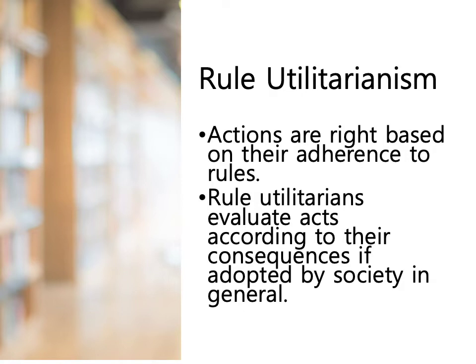with rule utilitarianism. According to rule utilitarianism, actions are right based on their adherence to rules. So rule utilitarians evaluate actions according to their consequences if and when the rules are adopted by society in general.